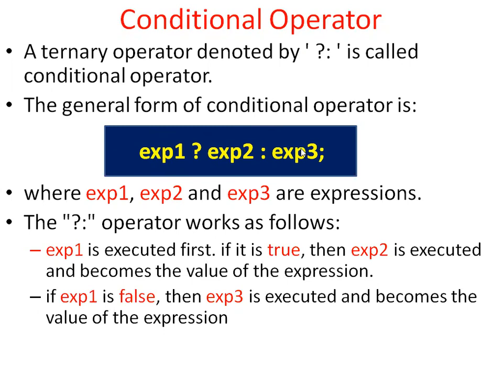Expression 3 is executed, and the value of expression 3 becomes the value of the expression. This is the working procedure of a conditional operator. If expression 1 is true, control goes to expression 2. If expression 1 is false, control goes to expression 3. That means either expression 2 or expression 3, any one is executed, not both.